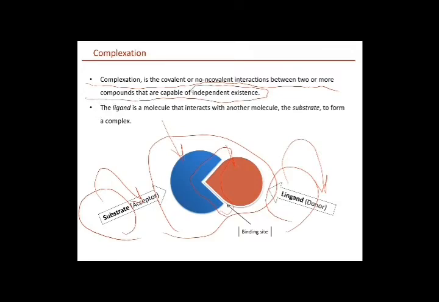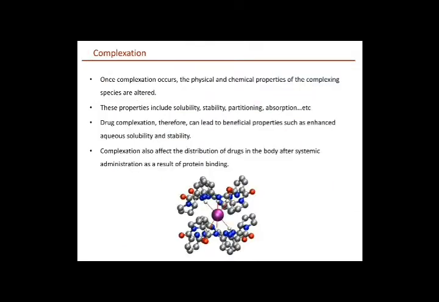Usually, because the terminology of complexation can be demonstrated or defined in different ways, but generally complexes are easier to separate than, let's say, a product of a normal reaction. So ligands are the molecules that interact with the substrate to form the complex.